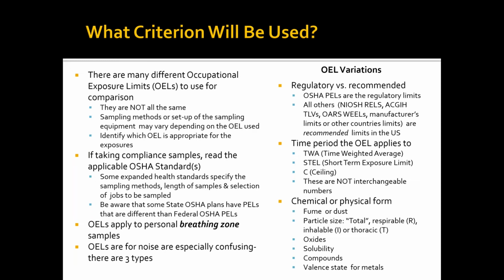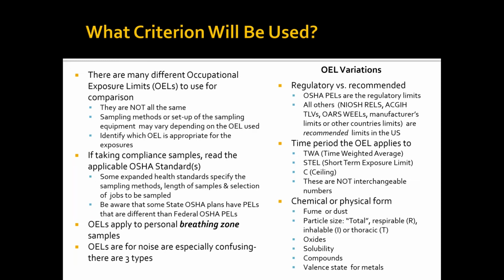I'm not going to go into detail, but fumes originate basically from hot processes like molten metal, welding, thermal cutting. Dust comes from almost any other source, including abrasive processes, handling dry materials, and that. Some OELs have different exposure limits for fumes and dust, and you cannot use them interchangeably.